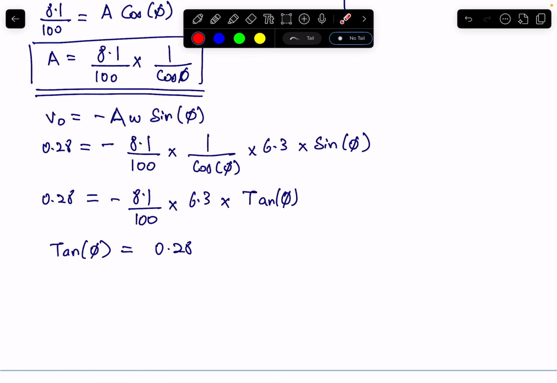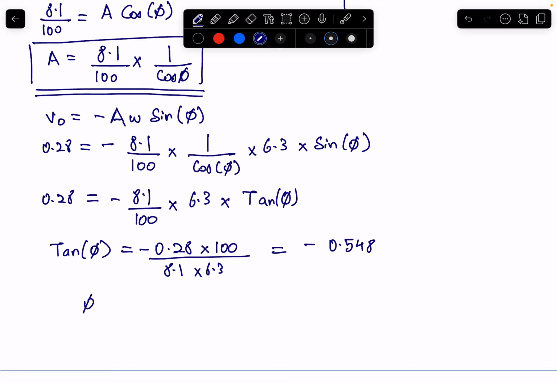I will multiply both sides by 100, and then divide both sides by negative 8.1 times 6.3. So what is this equal to? It's equal to 28 divided by 8.1 divided by 6.3, negative 0.548. So phi is equal to tan inverse of negative 0.548.